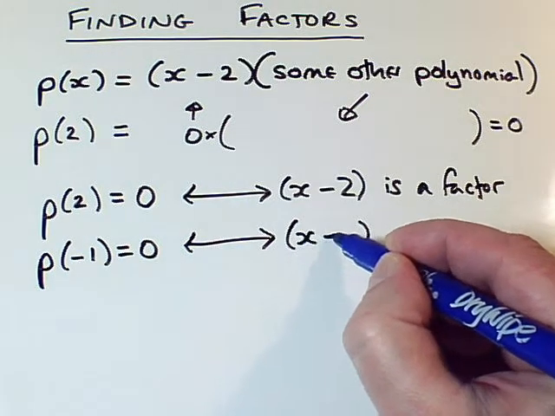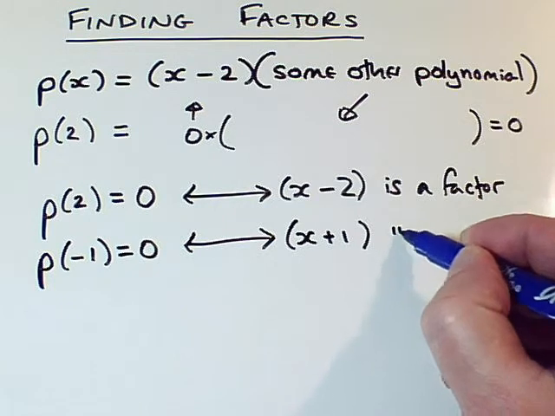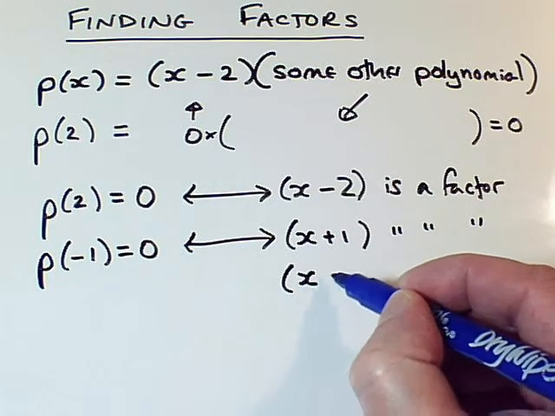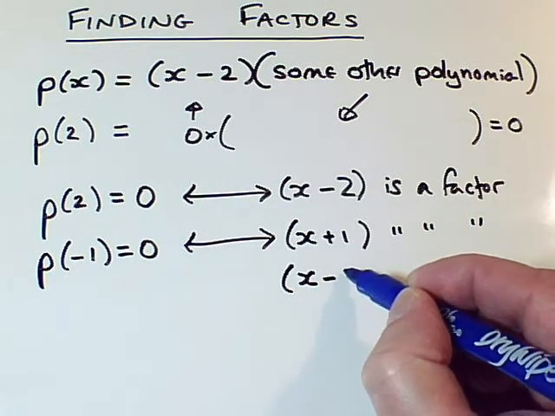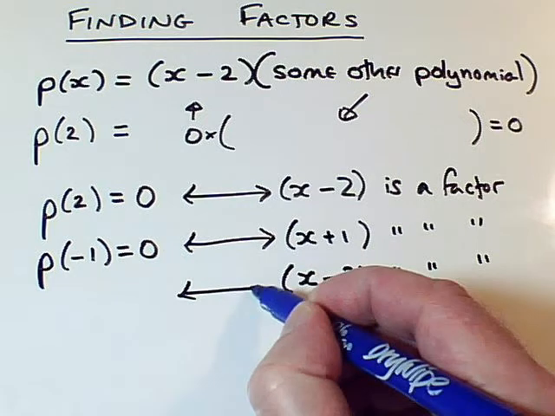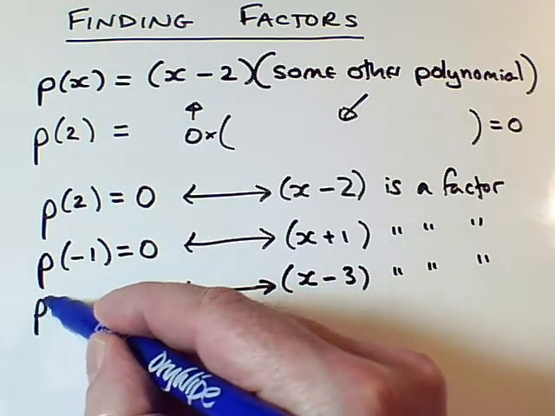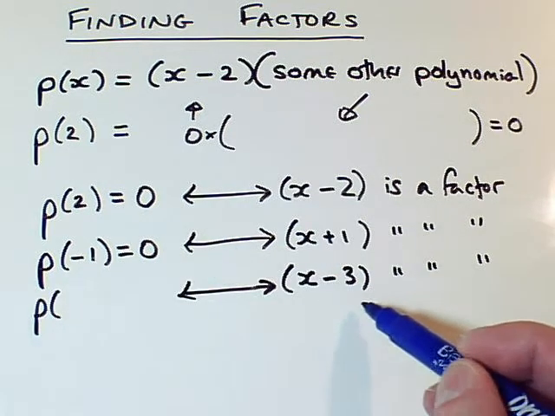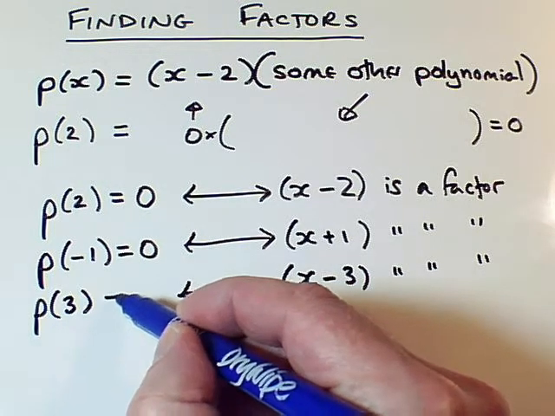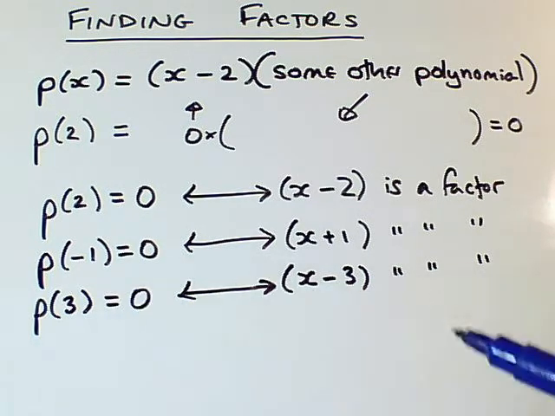So an example of that would be x plus 1 would be a factor. Or I can work it the other way around. If x minus 3 was a factor, then what I call the magic x that would make the polynomial equal 0. What value of x makes the bracket equal 0? Answer 3. So P of 3 would equal 0.